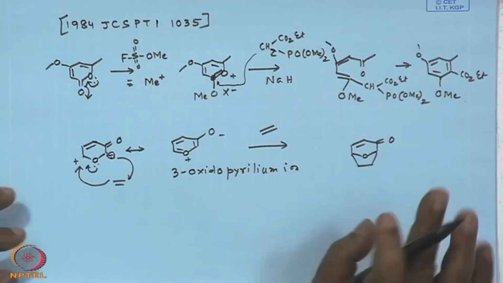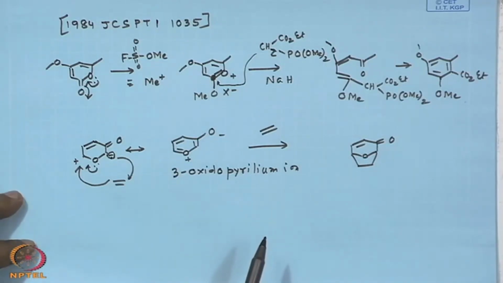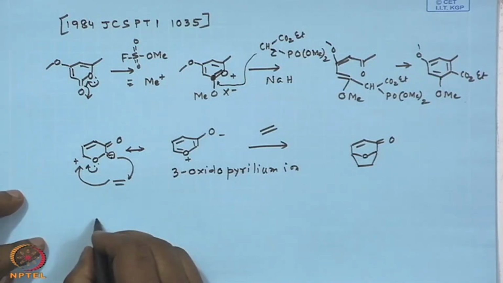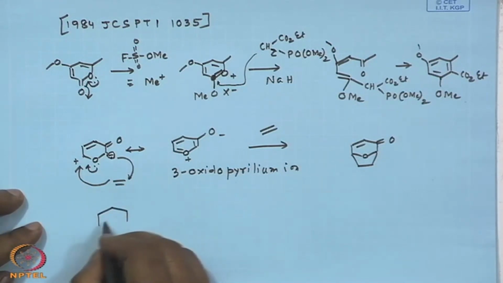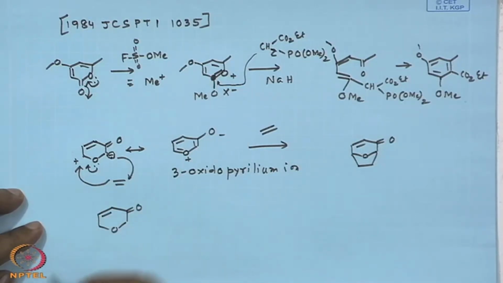The reaction is very facile. I will just give you one example that would tell you how good the reactions are. Let us say you have a 3-pyrone here and the double bond, then of course you need a leaving group.